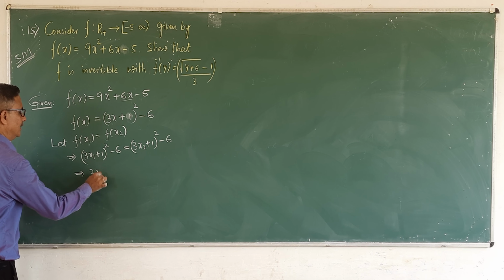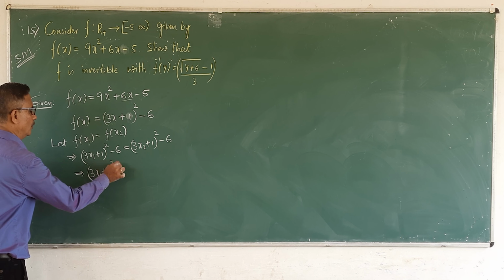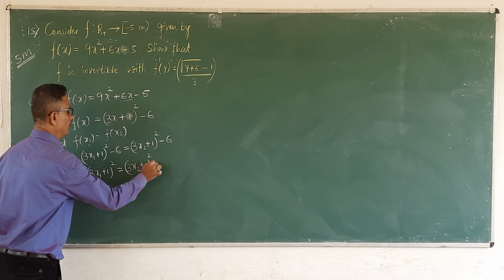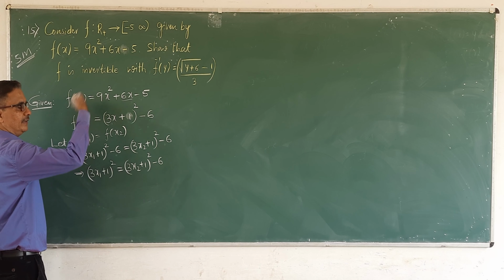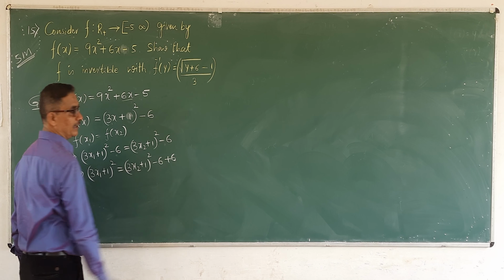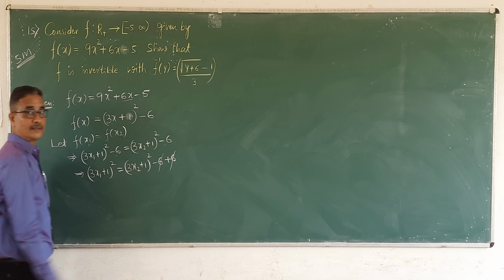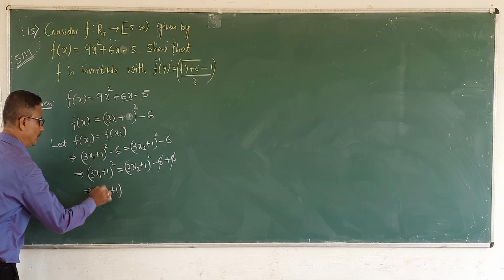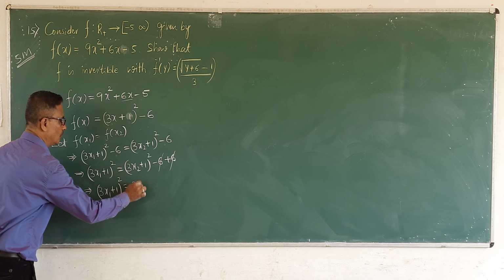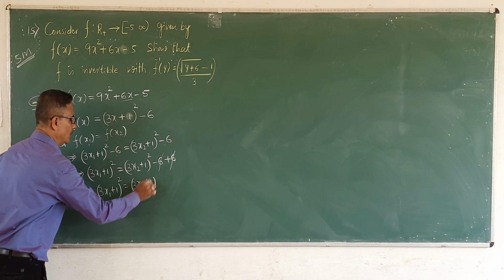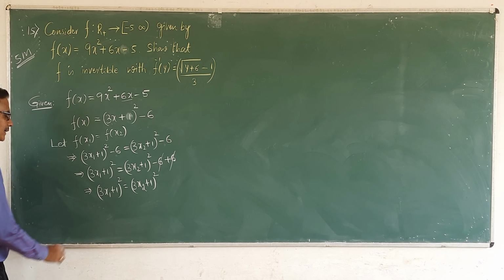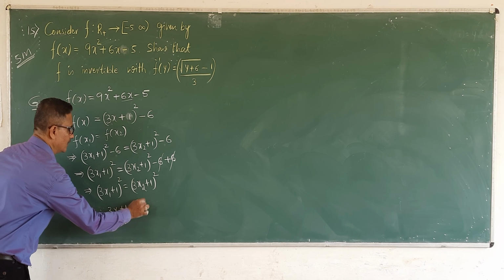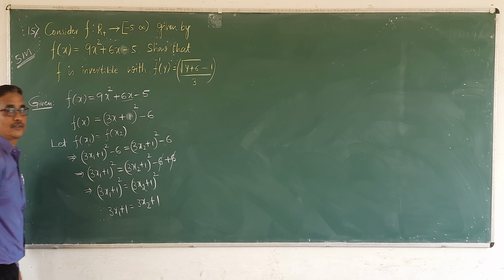That minus 6 goes to right side plus 6. Minus 6 plus 6 cancel, implies 3x1 plus 1 whole power 2 is equal to 3x2 plus 1 whole power 2. Taking the square root on both sides, 3x1 plus 1 is equal to 3x2 plus 1.